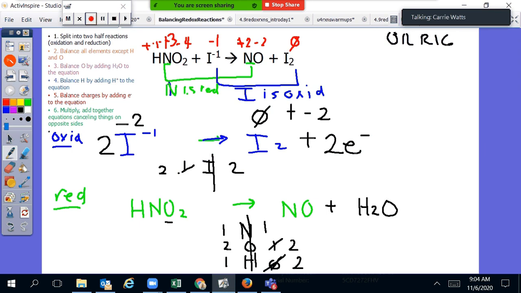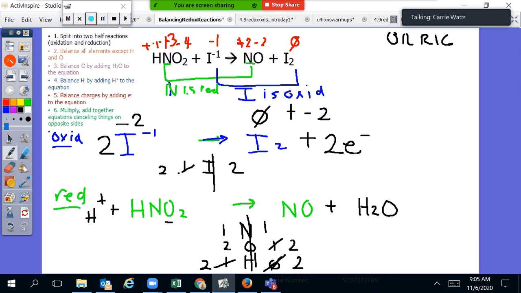So we go back and we need to add an H plus on the left to balance. And Monday we're going to talk more about the whys of what we're doing. So now we have balanced atoms.